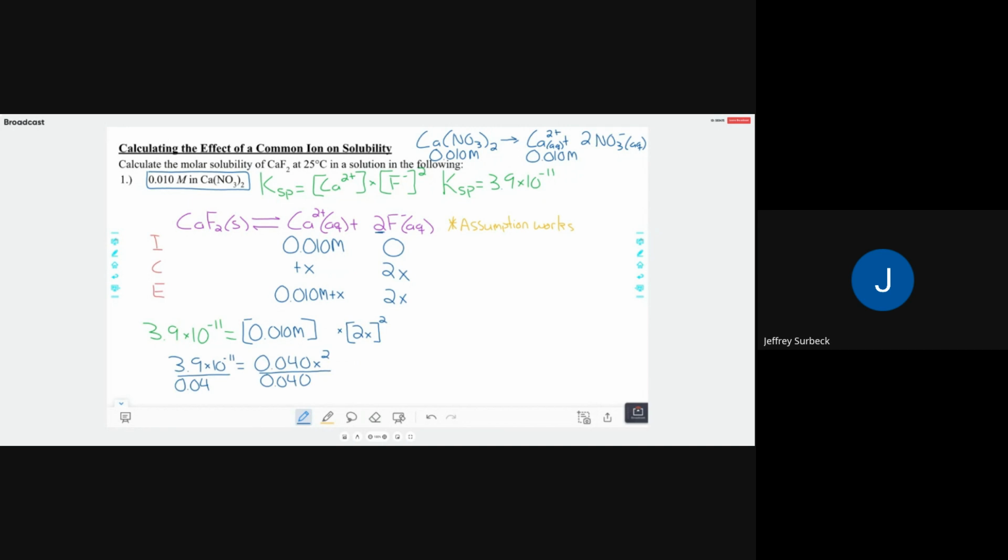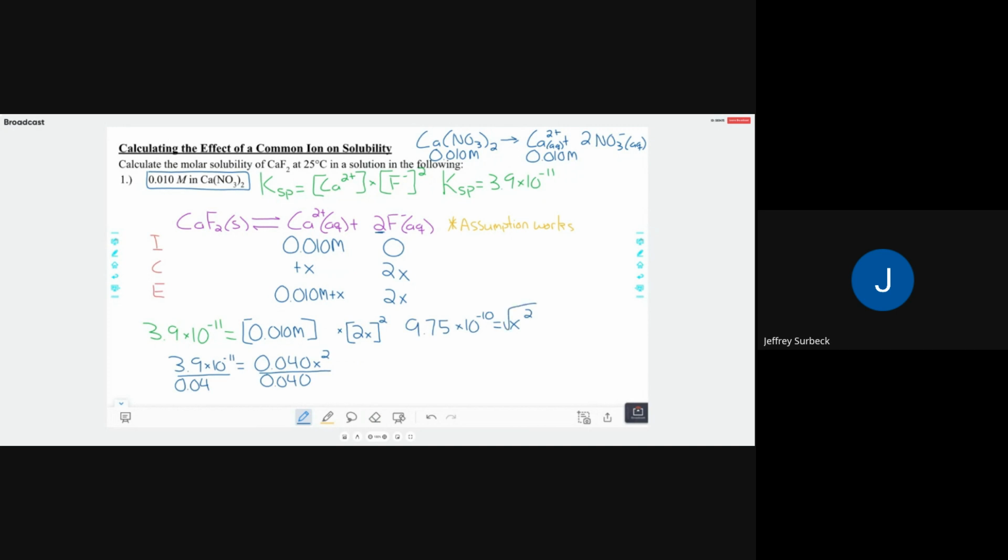When we do that, we take 3.9 times 10 to the negative 11th and divide by 0.04, which gets us a value of 9.75 times 10 to the negative 10th equals, we can't forget about this, x squared.